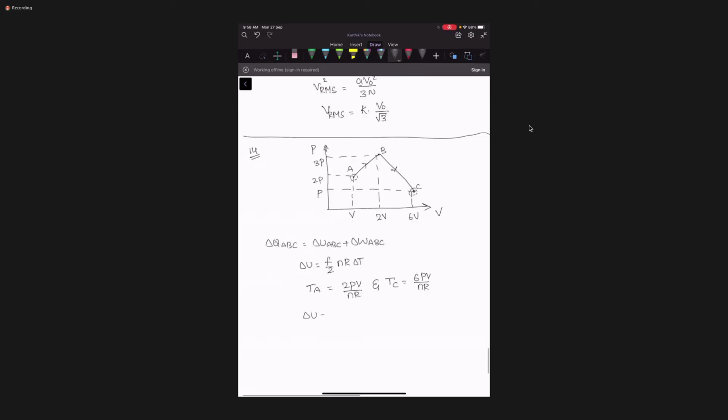Yes. So your delta U is 4 PV into f by 2, isn't it? It's a monoatomic gas, so it will be 3 by 2 into 4 PV.